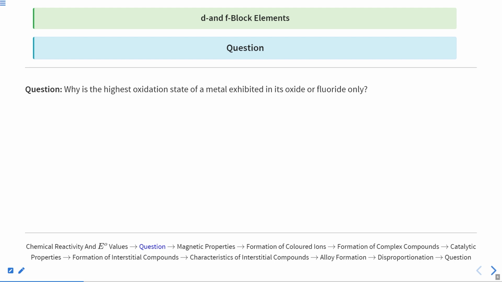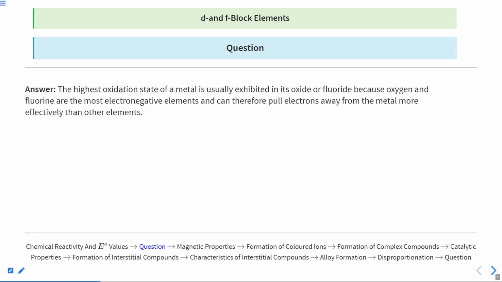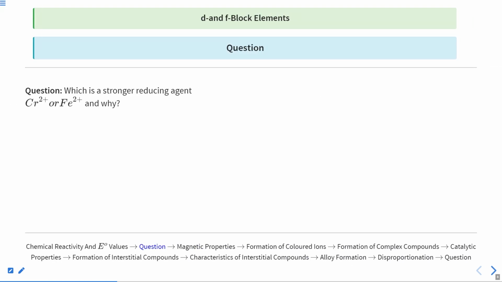In comparison to fluorine, oxygen has a greater ability to stabilize the higher oxidation state, attributed to its property of making multiple bonds. And why is it so? Because oxygen and fluorine are more electronegative and can pull electrons from the metal more effectively, so they are able to oxidize them to the higher oxidation state.